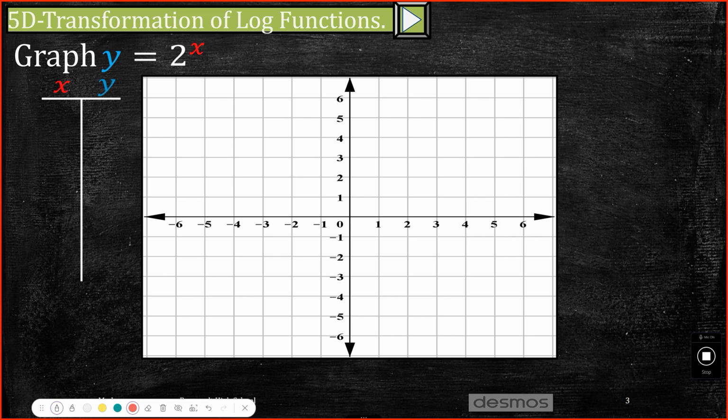Here we go, one more time. Don't be looking at notes. You're going to plug in x's, negative 3. Becky, what's the output when you plug in x equals negative 3?